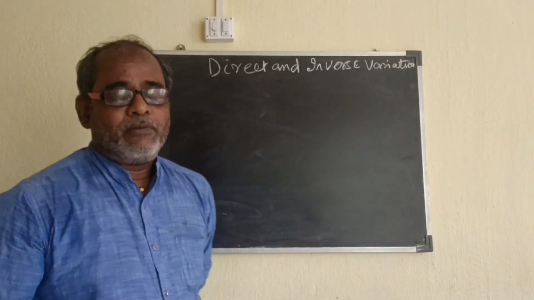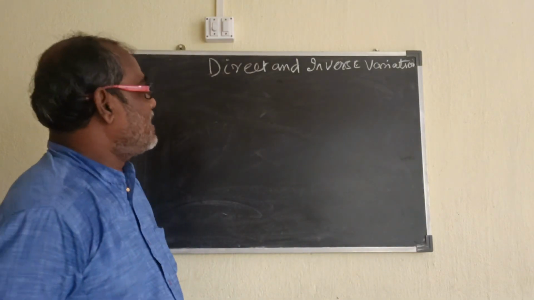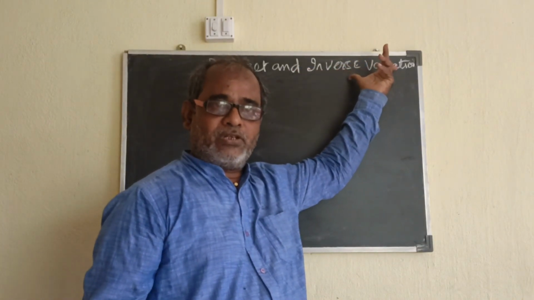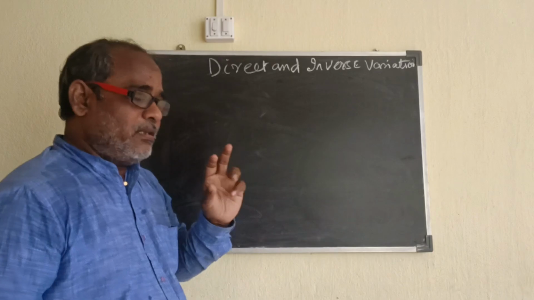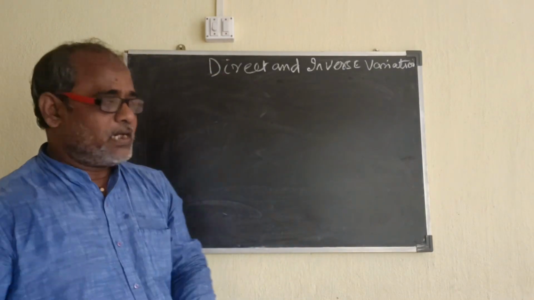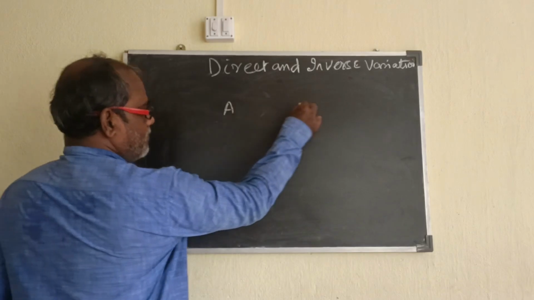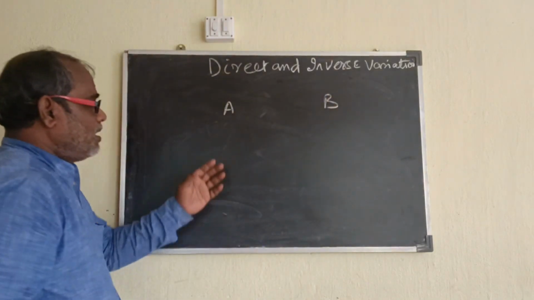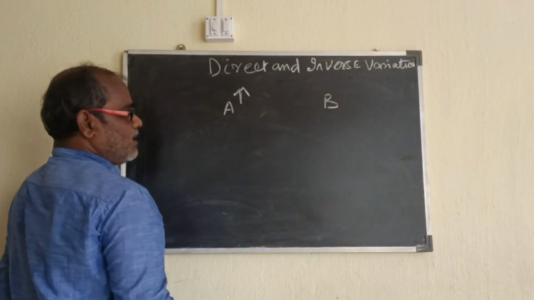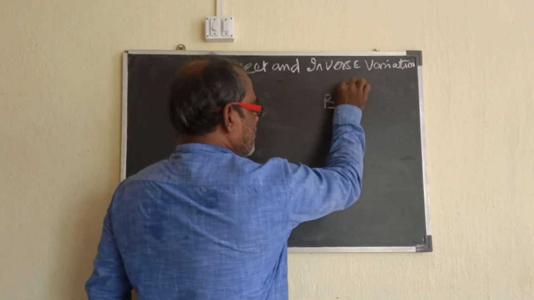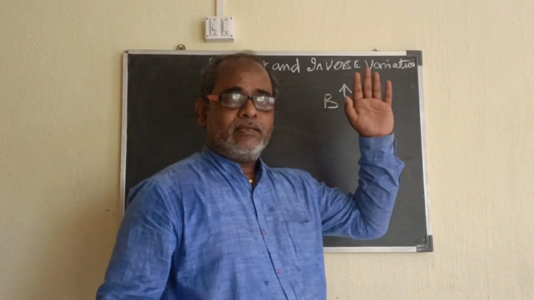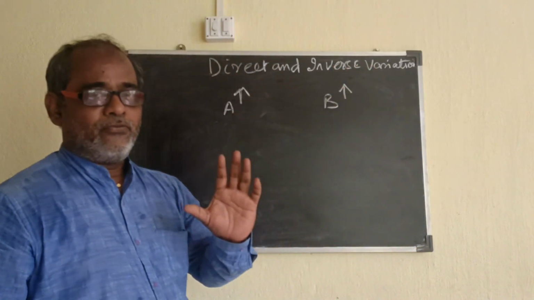First, let me make you understand what is direct variation and what is indirect or inverse variation. Suppose there are two quantities, A and B. If the quantity of A increases and also the quantity of B increases, then we say A and B are in direct variation.